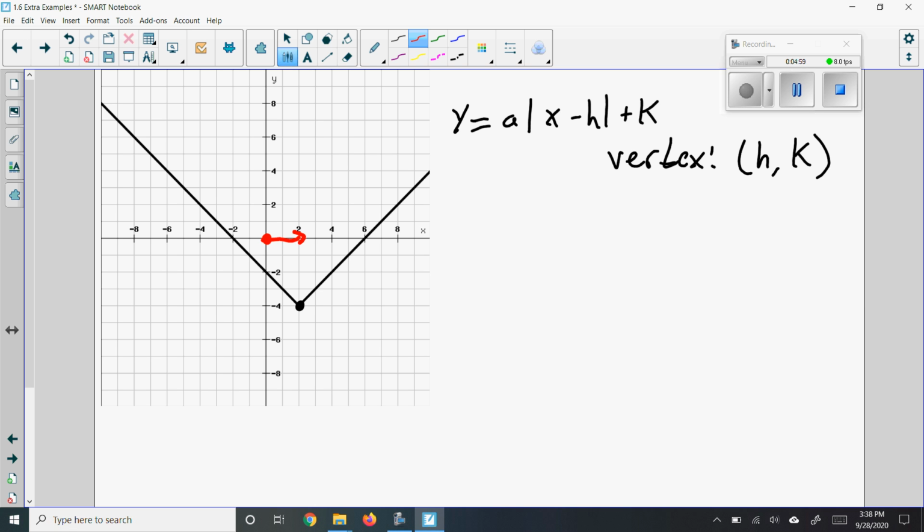So this has gone right 2 and down 4. So our equation is y equals the absolute value of x minus 2, minus 4. Now to find our a, we're going to go 1 point over from the vertex. Here we went over 1 and up 1 to find our nice next point, which means a is 1. And you don't need to write it if it's 1.